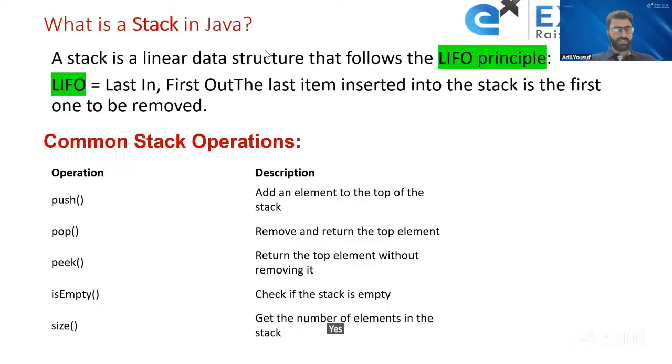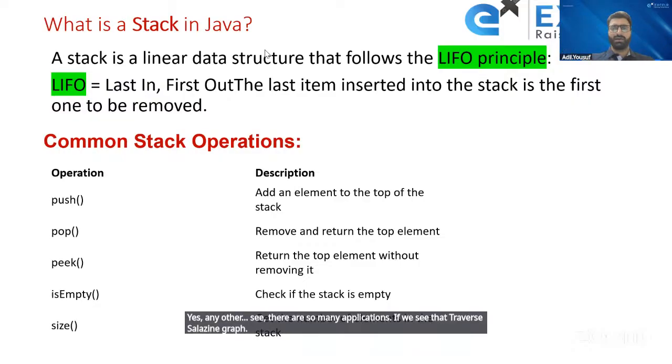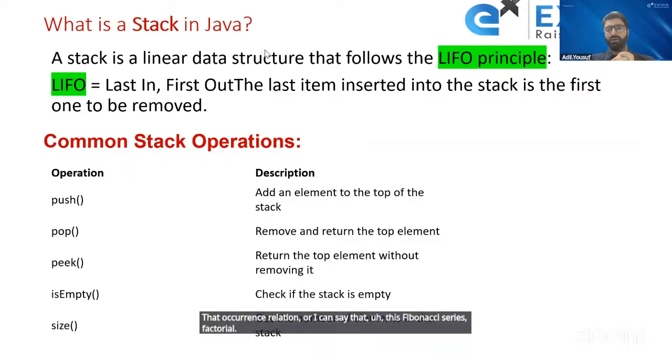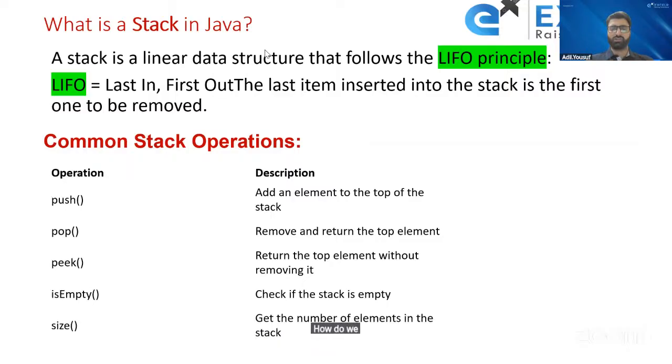Any other? There are so many applications. If we see the traversals in graph, DFS, BFS, or in backtracking algorithms, they are also applications, or memory management. If you remember yesterday, I told you about recurrence relations, like the Fibonacci series and factorial. How do we use that? There also so many applications are there.